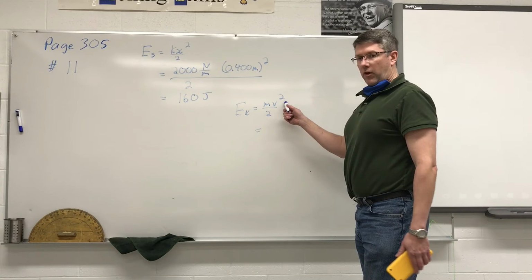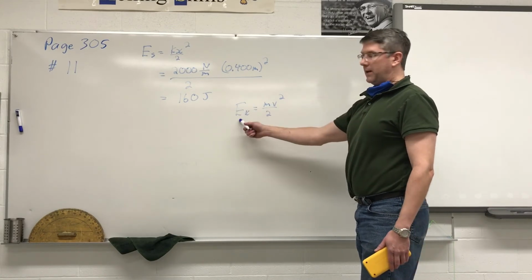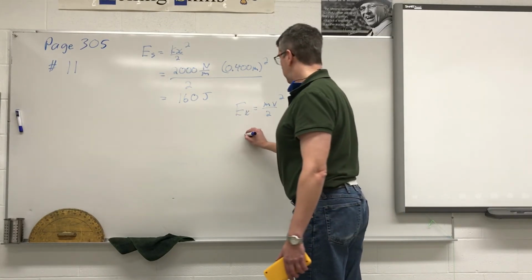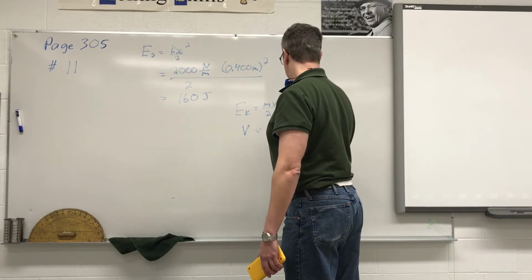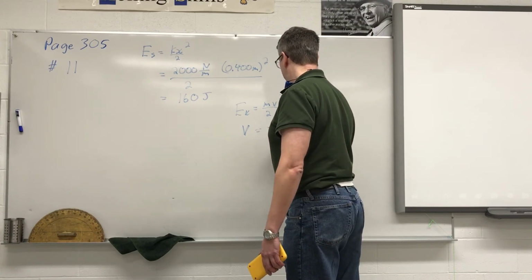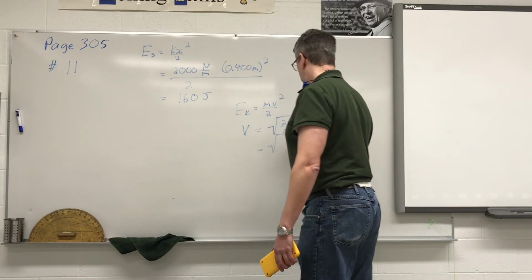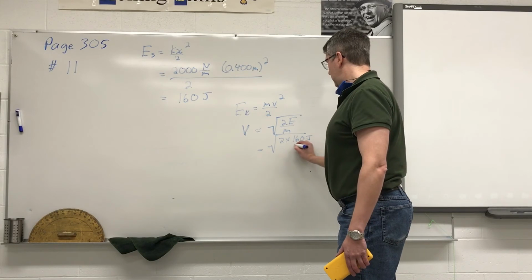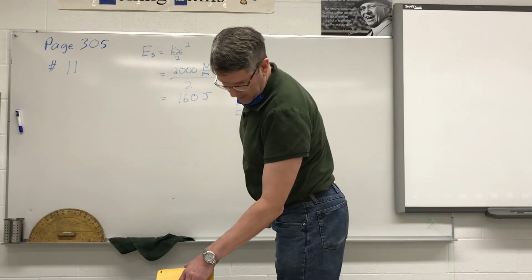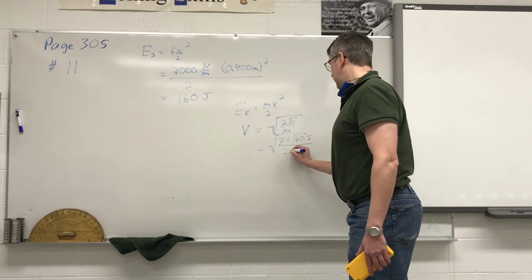We're looking for the velocity, so we multiply by 2, divide by the mass and square root. So v equals the square root of 2 times our energy divided by the mass. So we end up with the square root of 2 times 160 joules divided by our mass, which is 2.00 kilograms.